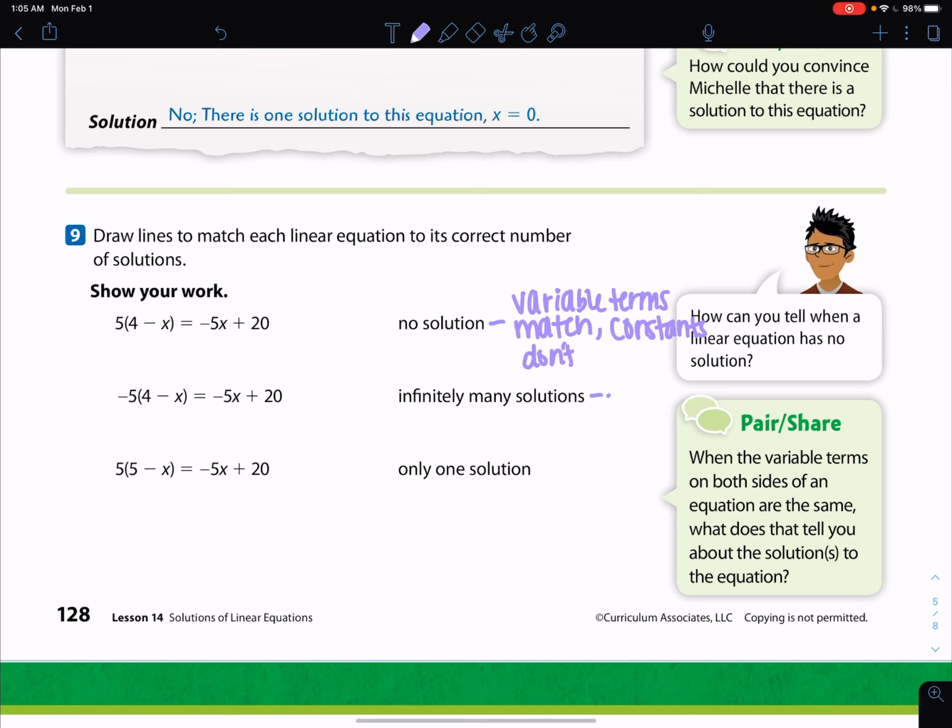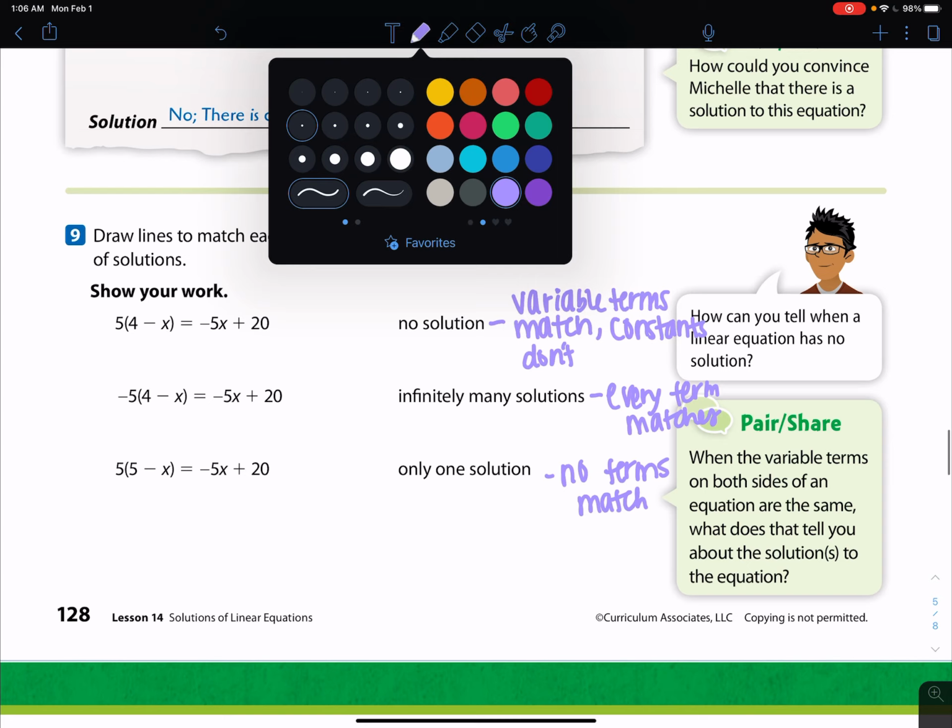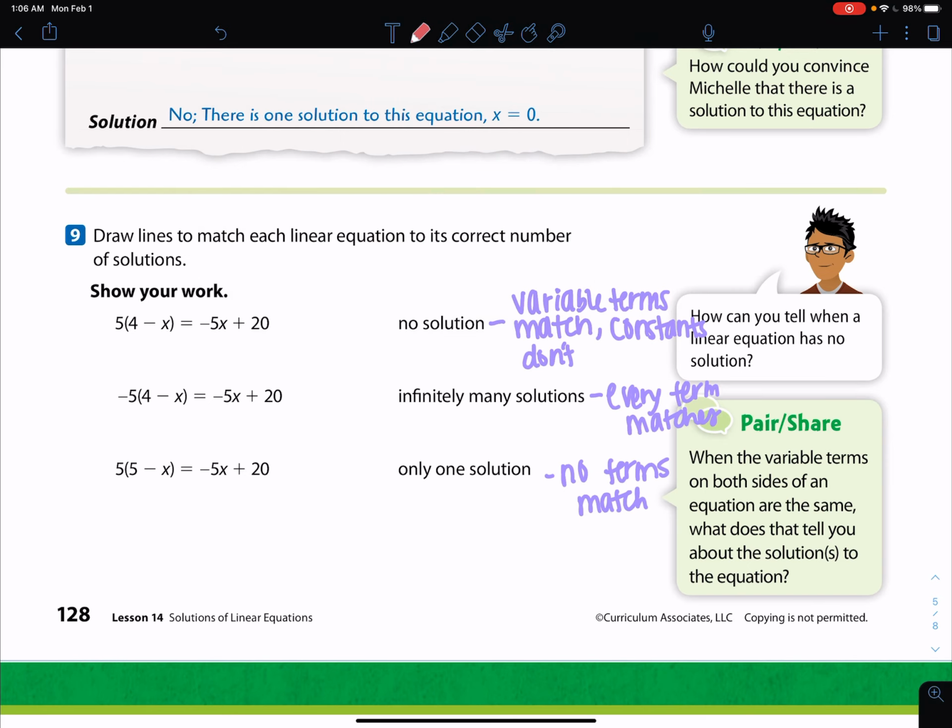With infinitely many, every term matches. And then with only one solution, no term matches. All right, so we'll go ahead and simplify all of these as much as we can.